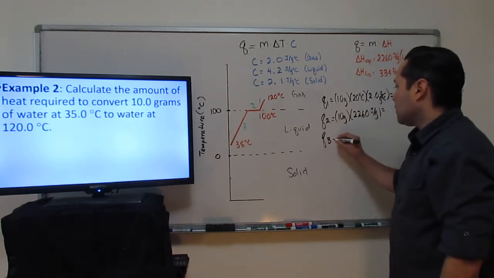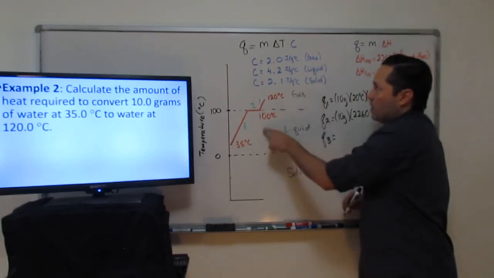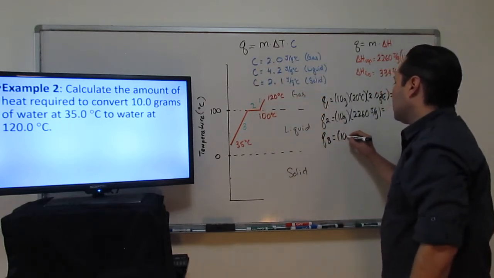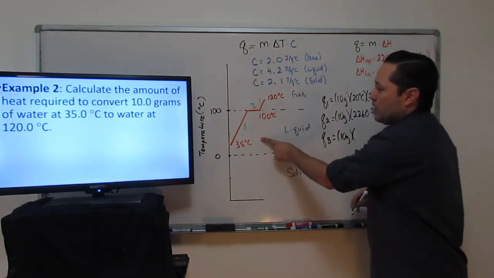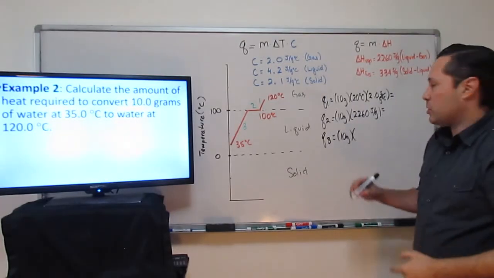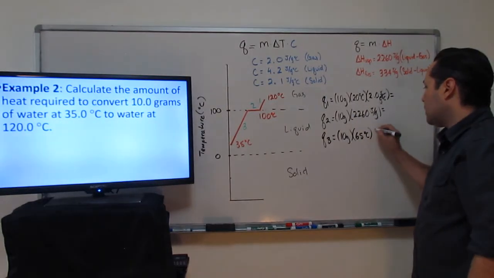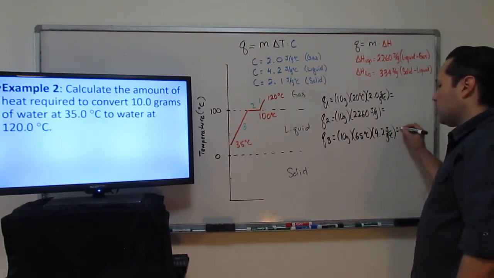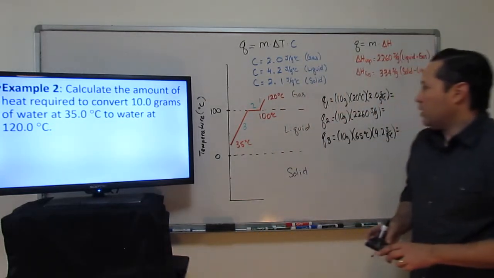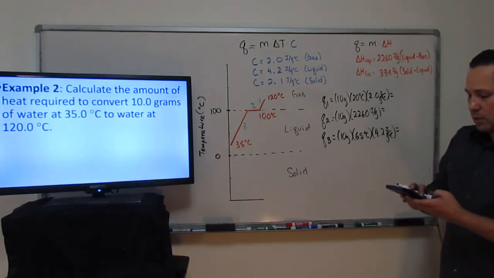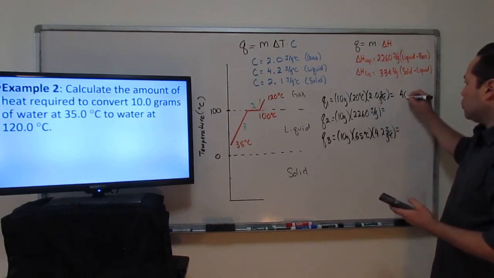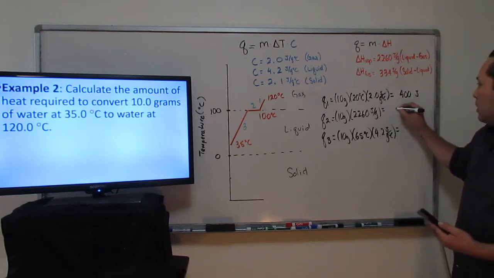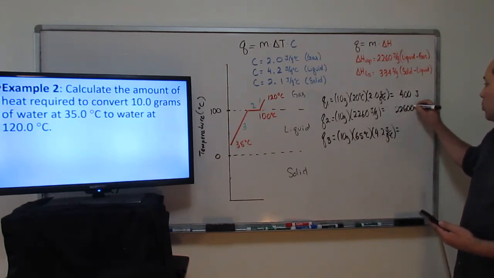Finally, line 3 is in the liquid phase, so for the specific heat, we use the one for liquid, 4.2. The mass is 10 grams. The change in temperature from 35 up to 100 degrees Celsius is a change of 65 degrees. So it's 4.2 joules per gram degree Celsius. Again, we get our calculator and solve. We have 10 times 20 times 2, which gives us 400 joules. 10 times 2,260 gives me 22,600 joules.